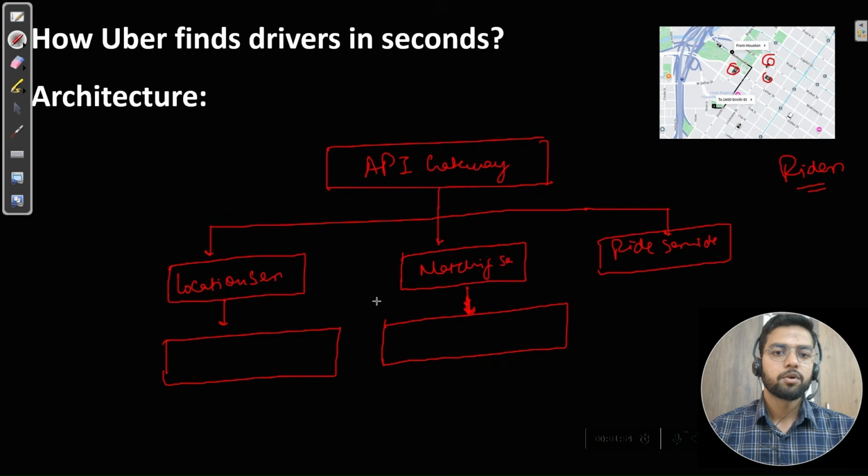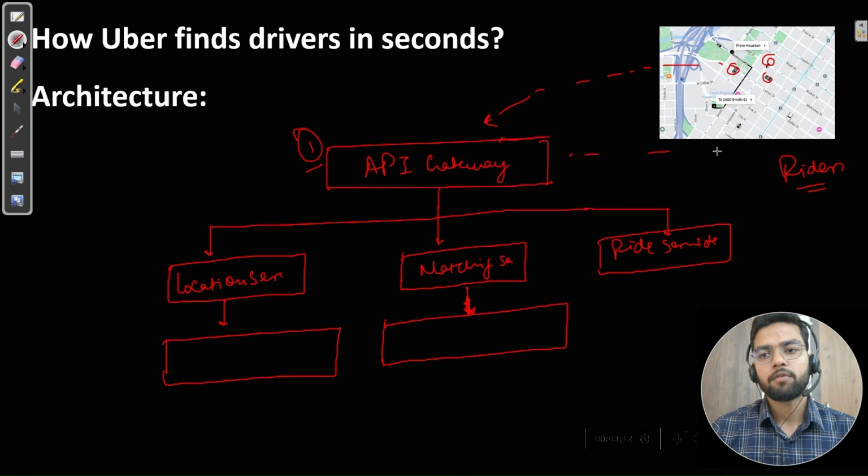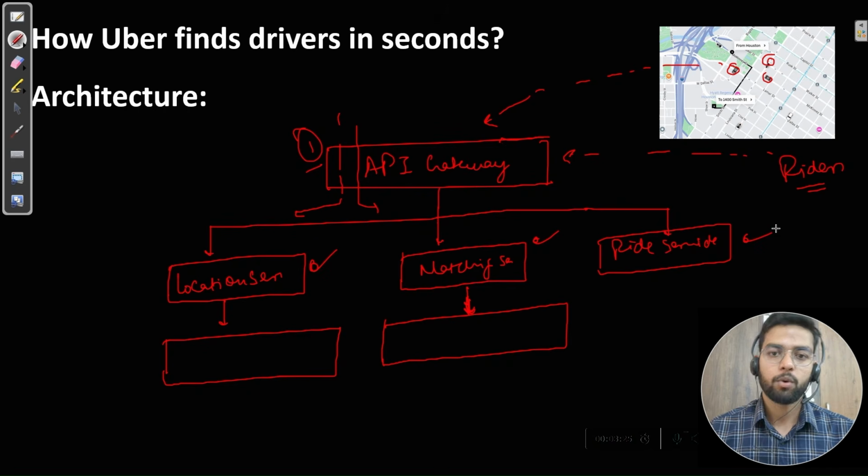Let's take them one by one. The first is the API gateway. Every request from the driver or from the rider comes through here. Nothing talks to our services directly. We have done so many projects and used an API gateway in each one of them, so we are quite familiar with it.